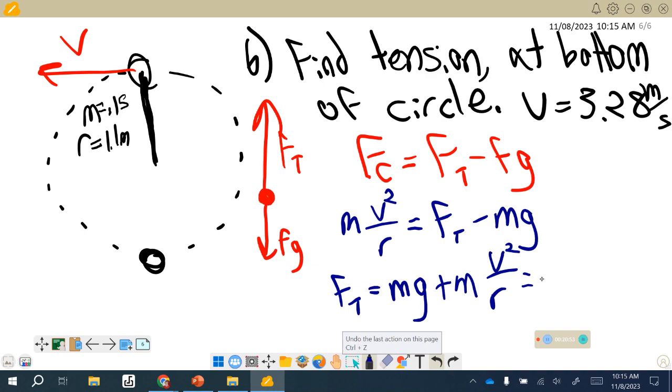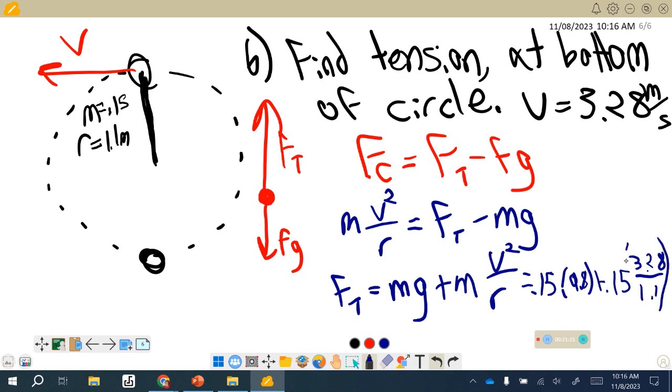We have a mass of 1.1 times 9.8 plus our mass of 1.1 times our velocity of 3.28 over our radius. Oh, sorry. Oops. Mass isn't 1.1, it's 0.15. 0.15 divided by our radius here. That is 1.1. Okay?